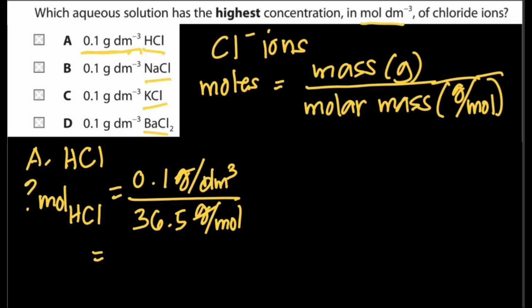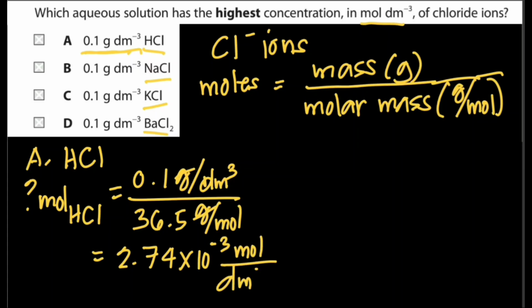Then the concentration of hydrochloric acid is just equal to 2.74 times 10 to the negative 3 mole per cubic decimeter. Now let's get the concentration of the second option, sodium chloride, in mole per cubic decimeter.